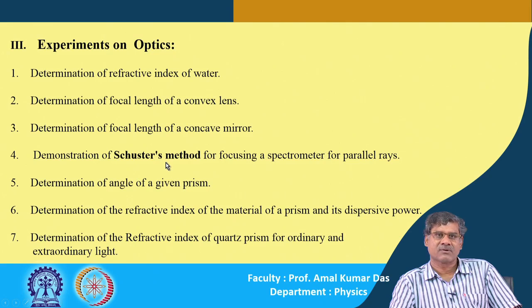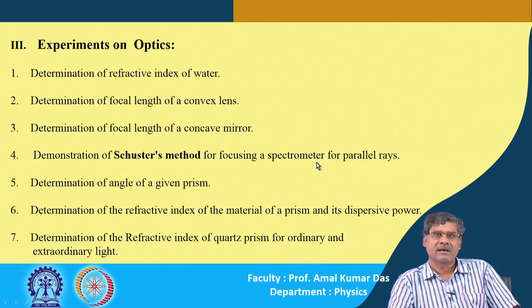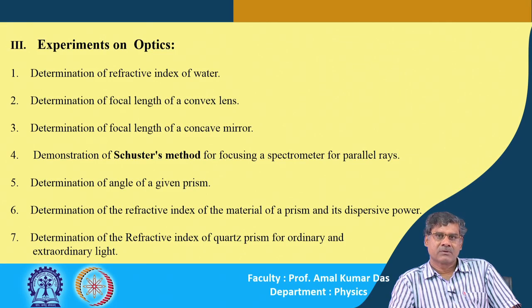That I will discuss when I demonstrate Schuster's method for focusing a spectrometer for parallel rays. In many experiments you need parallel rays, but the rays coming from the source are not parallel. So, how to get parallel rays? One can get them using Schuster's method. That method I will demonstrate.